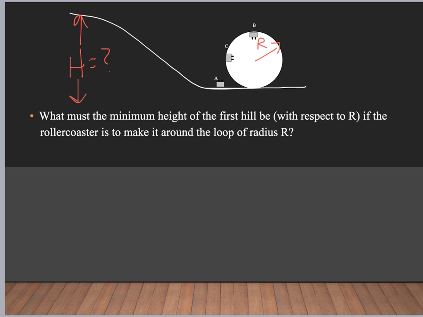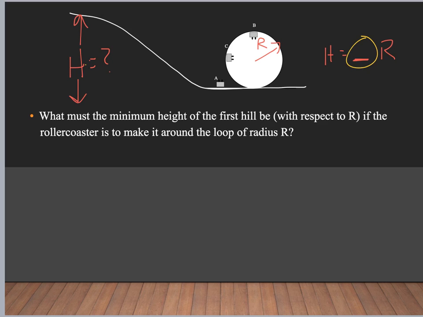So it's going to be how many times r does the height have to be? All right, so what we're really going to get is an answer of h has to equal some number times r. So we're trying to figure out what is that number that we have to multiply the radius by to figure out the starting height.